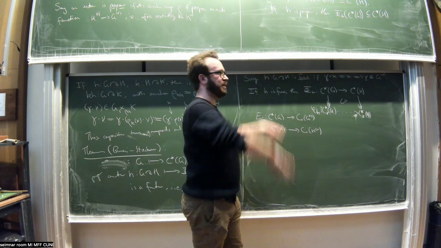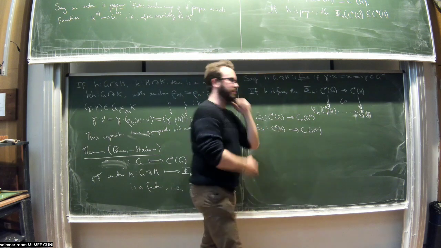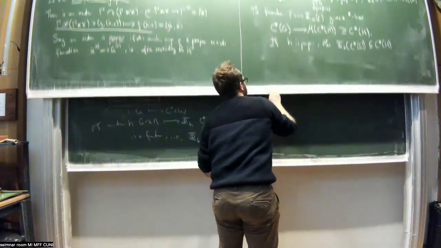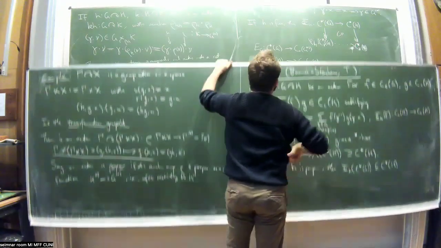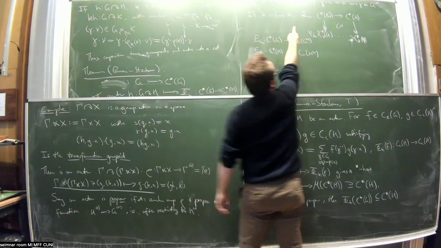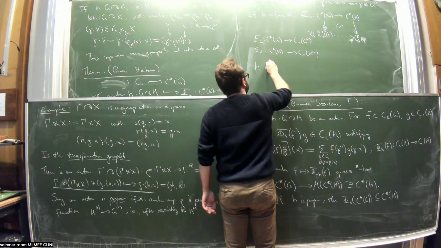And so you just take an extension of that, and that gives you these magical maps which are called conditional expectations. And freeness is equivalent to this big phi intertwining these conditional expectations.